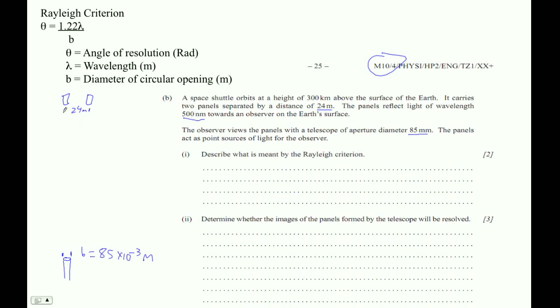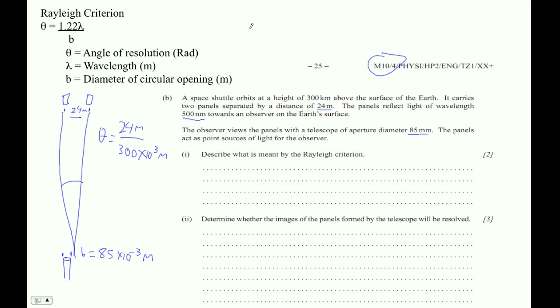And then this angle right here, if we draw that, it's so terrible at drawing straight lines. That angle is going to be theta, equal to the distance here, 24 meters, if we assume that it's like an arc, divided by 300 kilometers, 300 times 10 to the third meters.